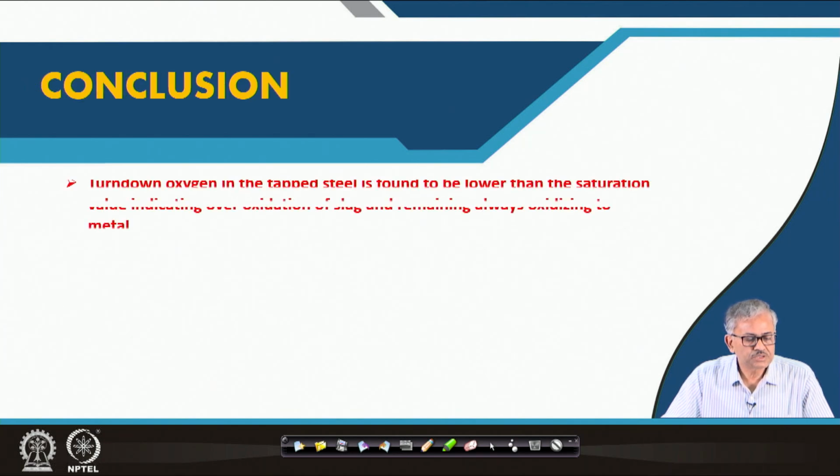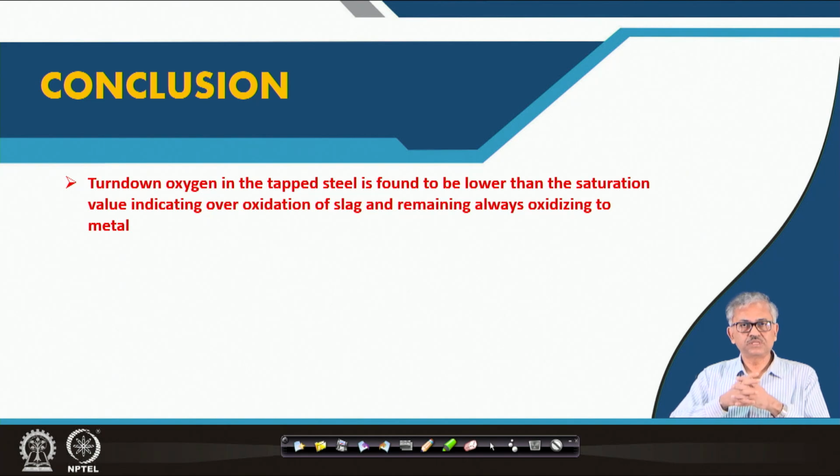And the first conclusion is that the turndown oxygen in the tapped steel from LD is found to be lower than the saturation value. We have seen in a turndown sample, the oxygen is around 800 to 1000 ppm, and at 1600 degrees centigrade the value calculated from thermodynamics is around 1165.